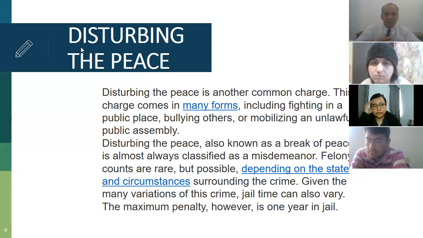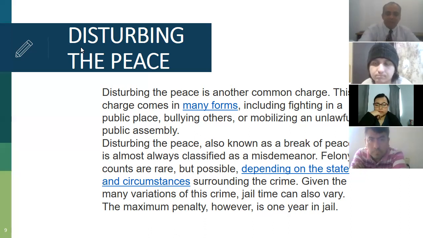Thank you, Tete. So disturbing the peace is basically a misdemeanor crime. Like the text says, it depends on the state and the circumstances, but it's a misdemeanor crime.